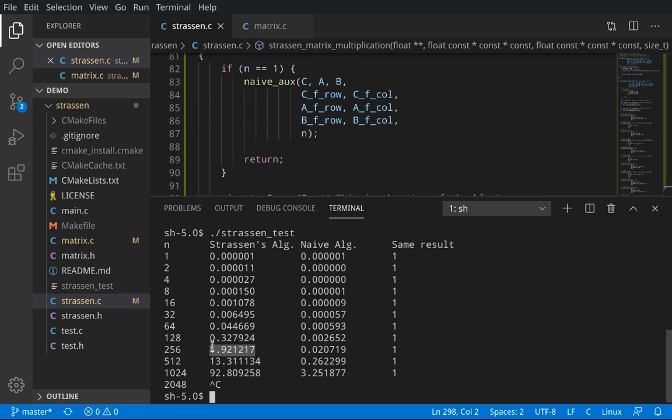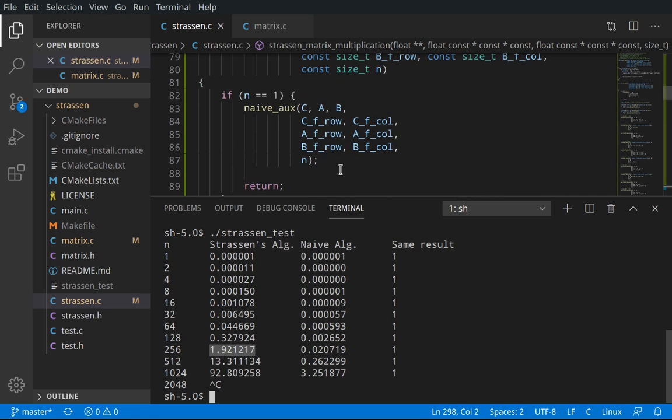Okay, for sure, if we multiply 3.032 by 8, we end up with something greater than this number. So it could be a good idea trying to say, okay, if my matrix is small but not too small, so smaller than or equal to 128, we end up with the naive case, with the naive algorithm.